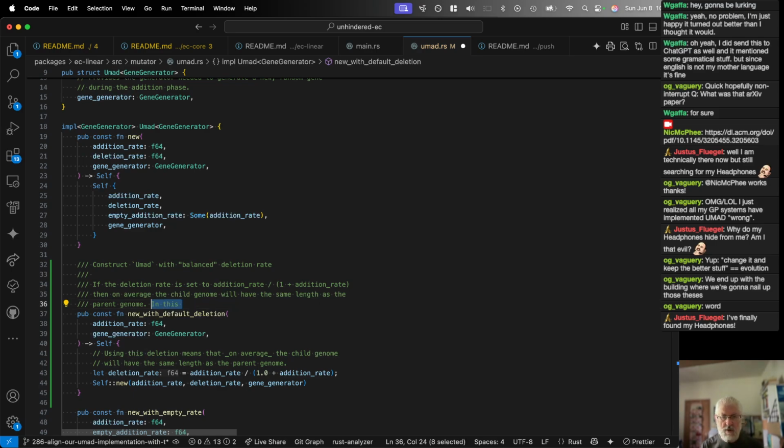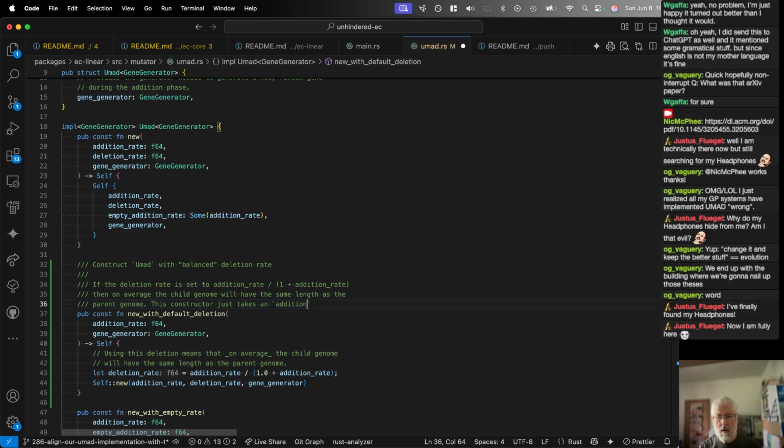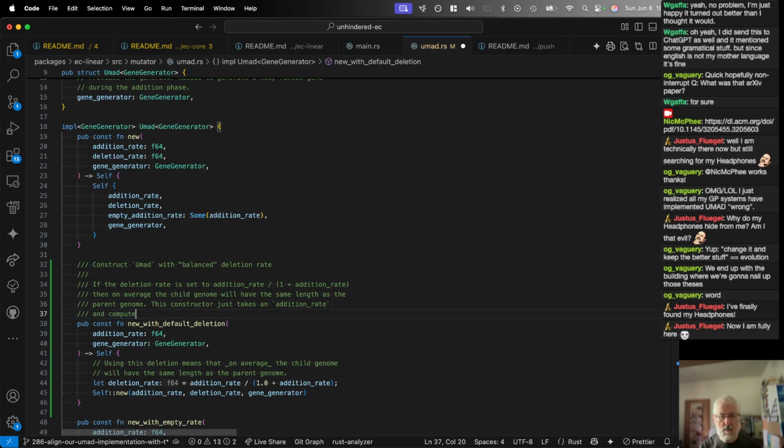Where this constructor just takes an addition rate. Good job. Glad to have you fully here. And computes the balanced deletion rate. Blah, blah, blah.